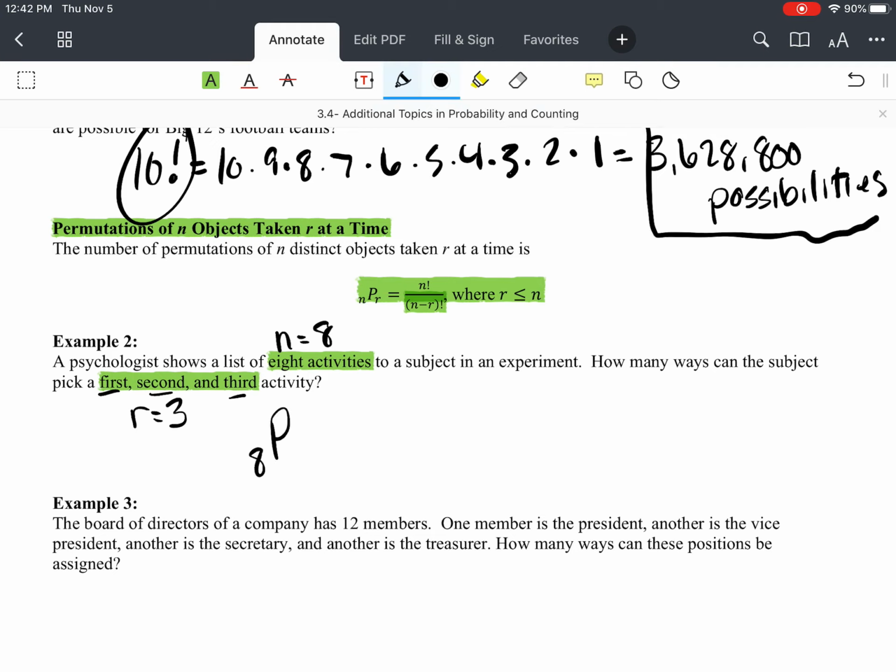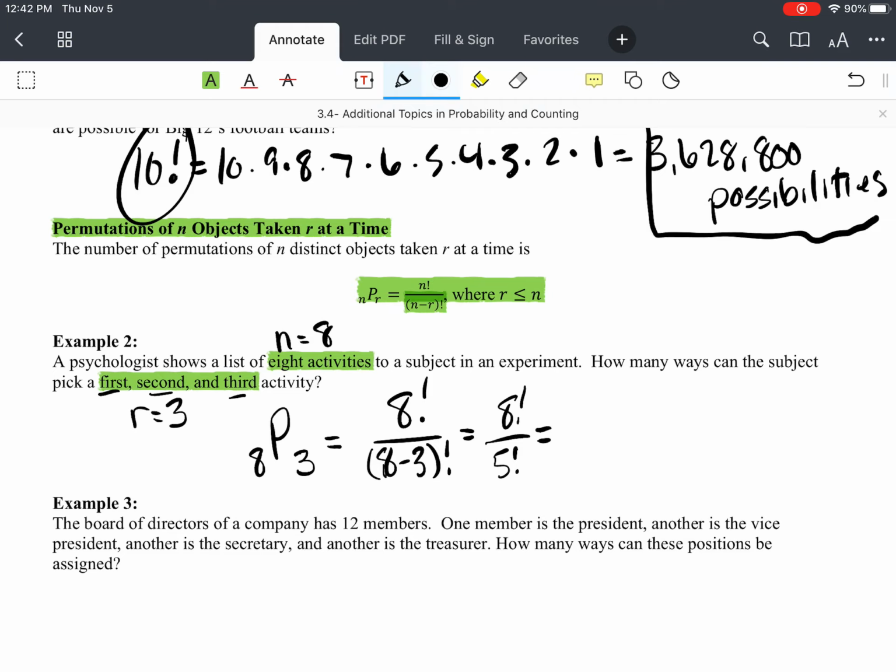When we write this out, it's 8 P 3 is equal to n on top, so 8 factorial over 8 minus 3 factorial. Simplifying this, we have 8 factorial over 5 factorial.